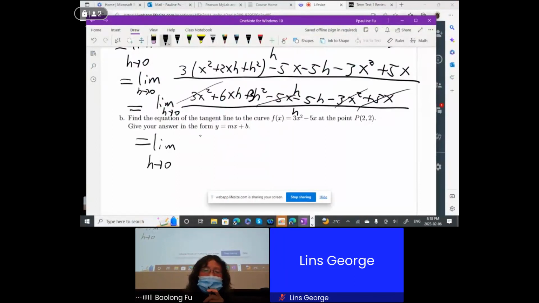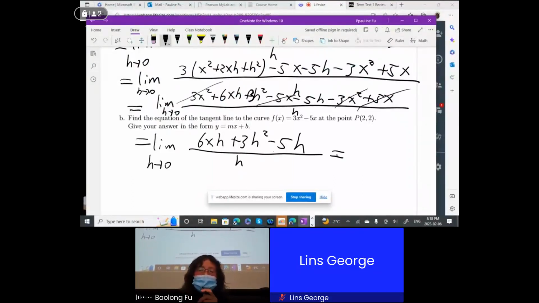So on top, you have 6xh plus 3h squared minus 5h. On the bottom, you have h. Each item has h, so you eliminate one h, and you get 6x plus 3h minus 5.